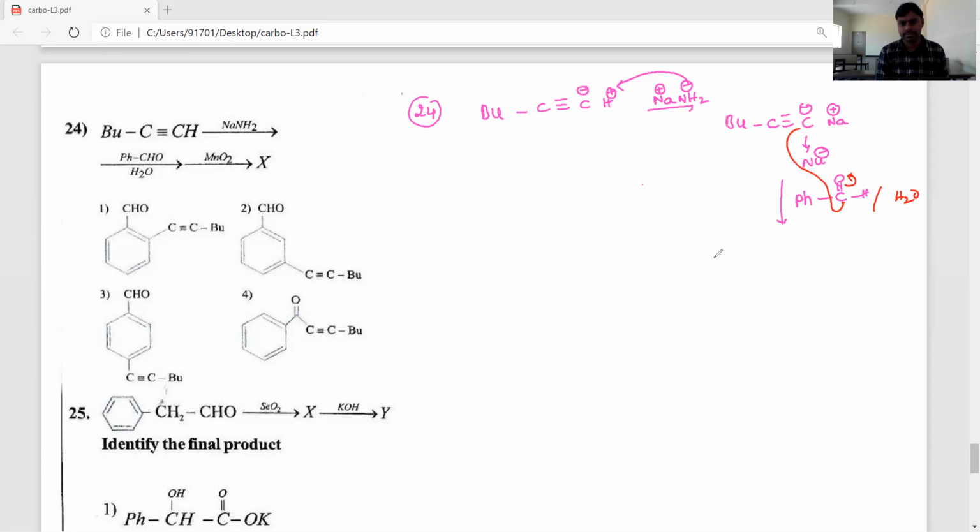The product is Ph CHOH C triple bond C butyl group. This is treated with MnO2, manganese dioxide. It oxidizes secondary alcohol into ketone and primary alcohols into aldehydes.